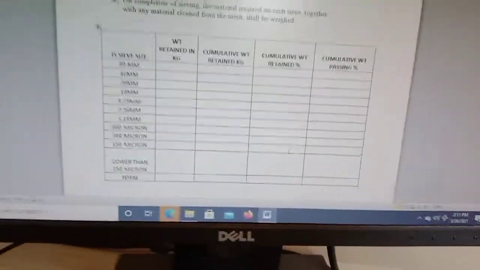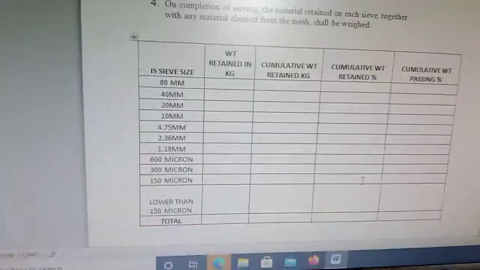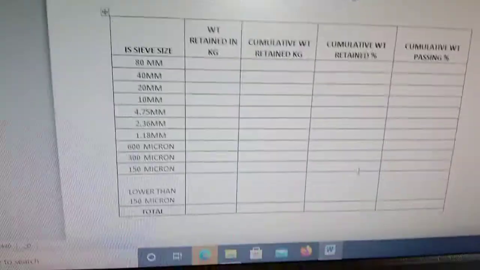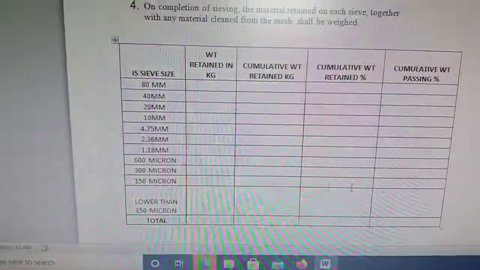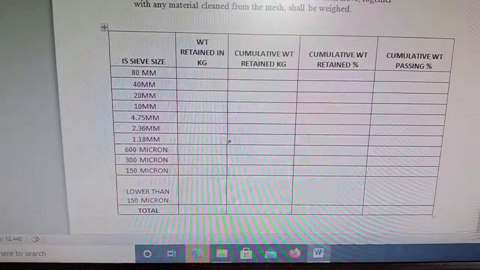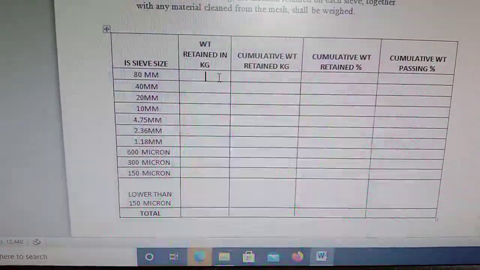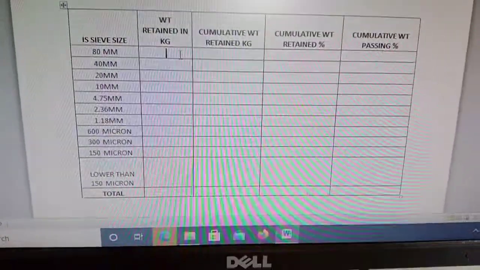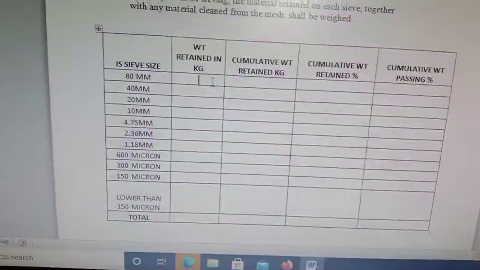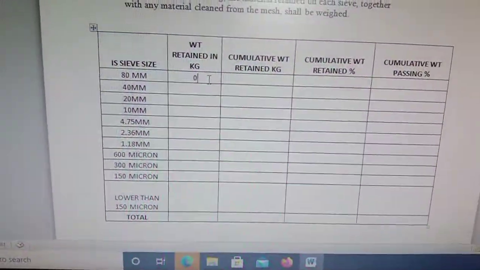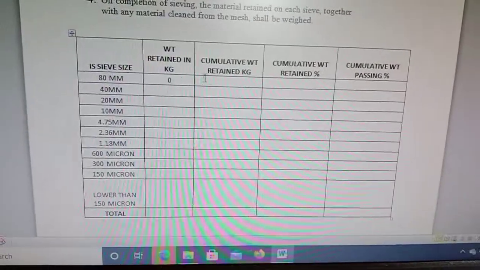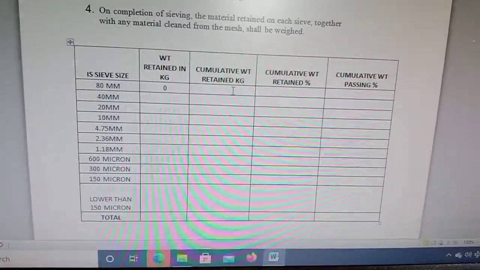Now I will tell you how to insert the values in the table. So we have already taken the 15 kg sample for coarse aggregate, and then on the 18 mm sieve weight retained was 0. So cumulative weight retained should be 0.